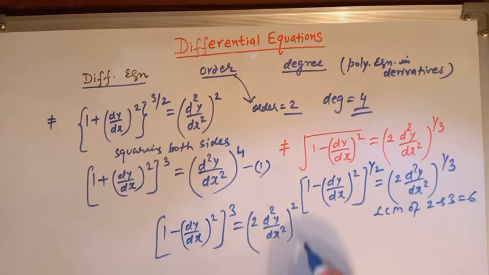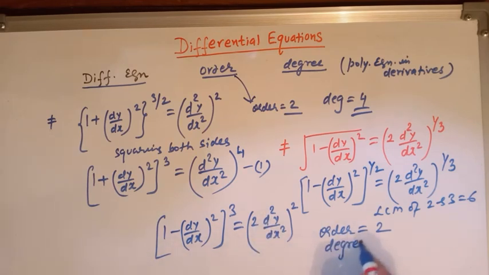Now we see that the order of this differential equation is 2, because we have the highest order derivative as second order derivative. Clear? And the degree of this differential equation is also 2, because the highest power of this highest order derivative is 2. Clear?